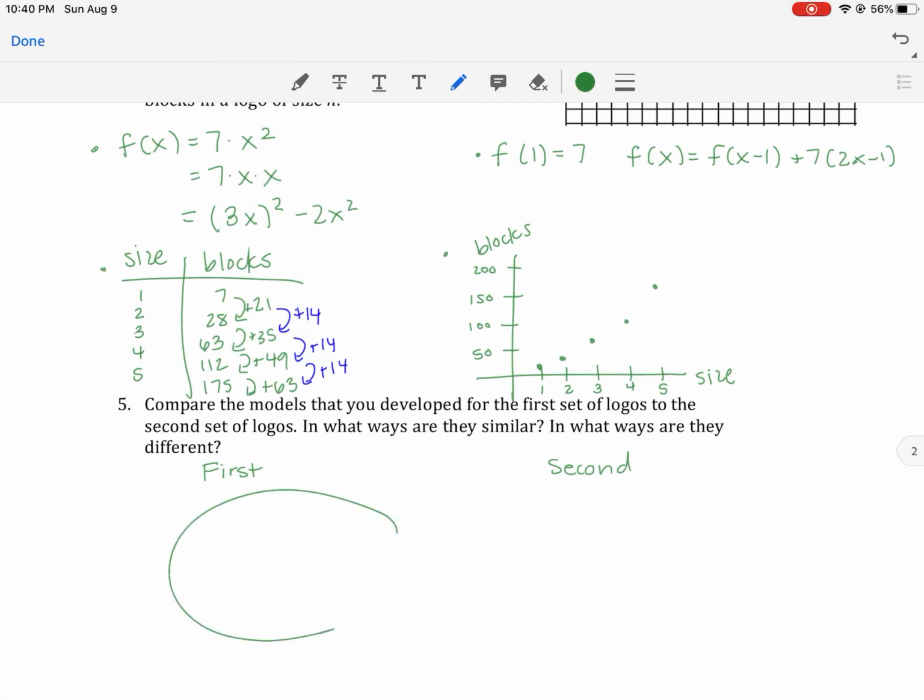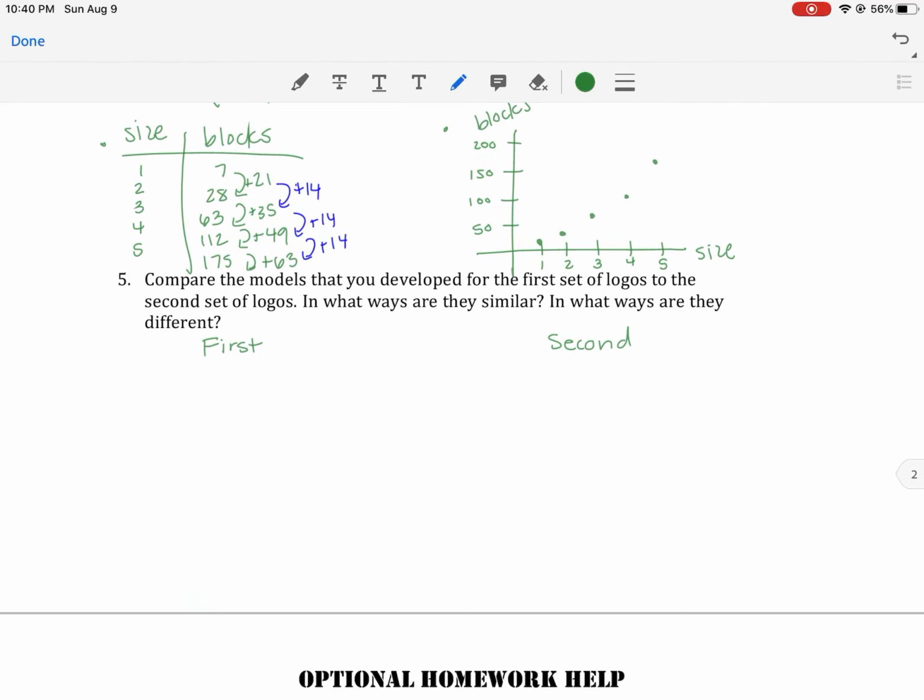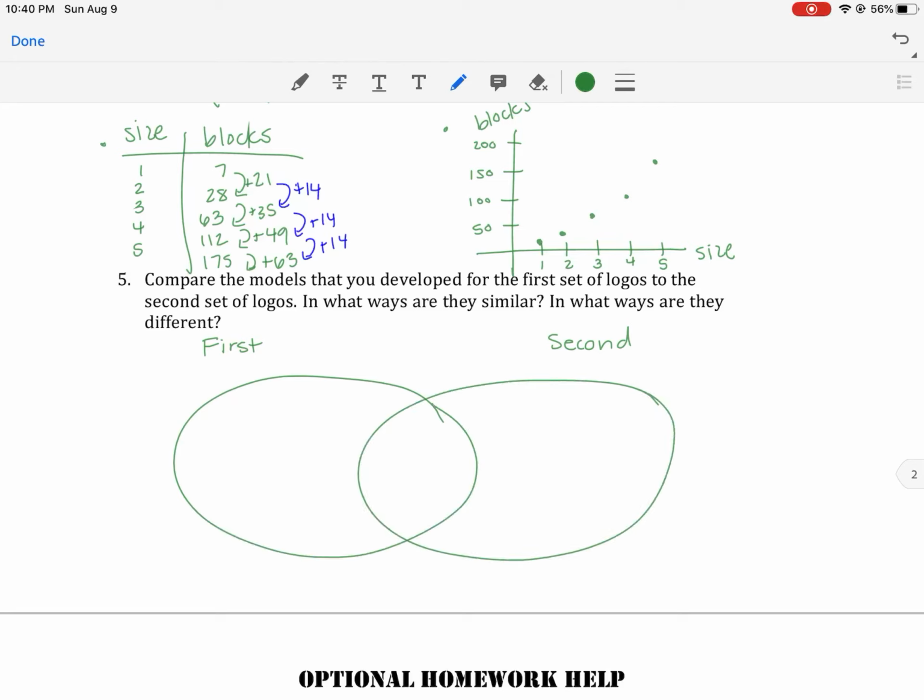So the first, and the second. The first one is a linear, right? The second one is something different that we don't know. It's the new one, right? And we're going to start calling that a quadratic.